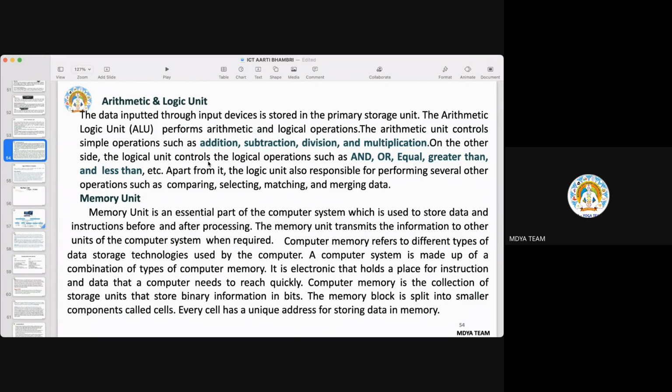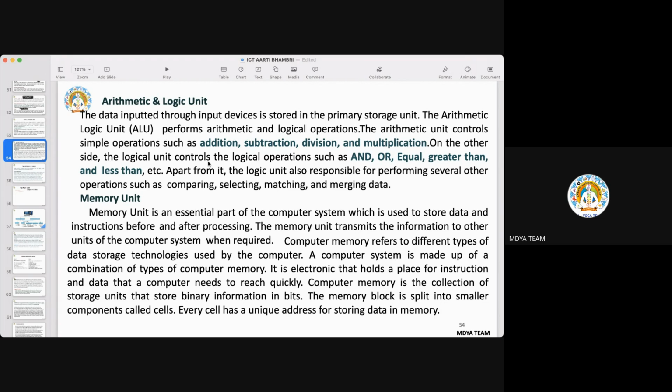Now, in different ways, these data are stored. Whatever functioning is done, like you are using your mobile at present, or I'm using my laptop, there are various things, various programming or processing done parallelly by the computer system. The memory unit is involved, the ALU is involved.